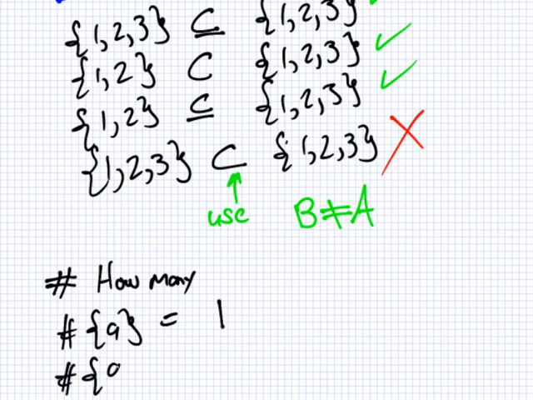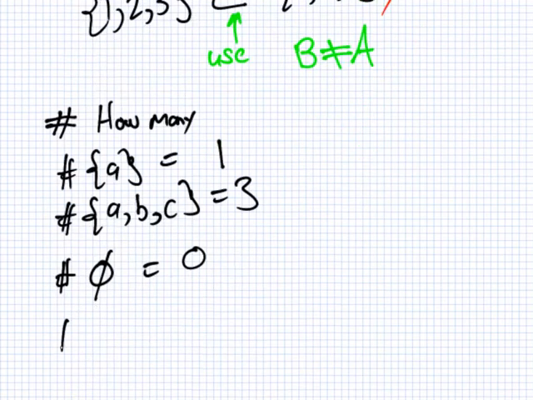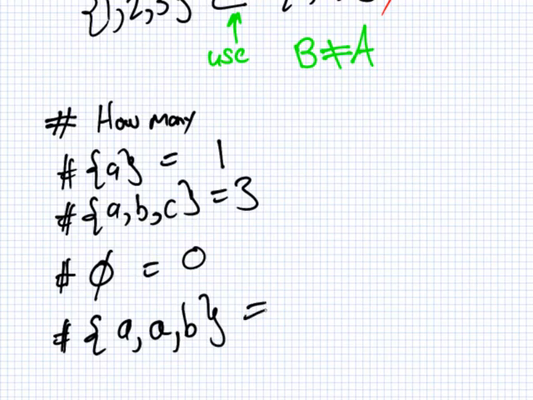How many elements are in this set? 3. Yeah, I see, I tricked you now. How many elements in this set? 0. Yeah. How many elements in this set? 2.